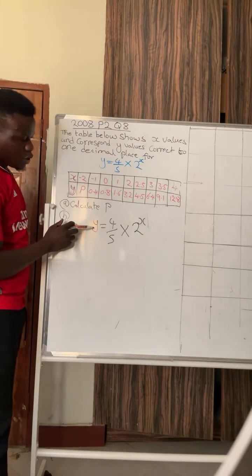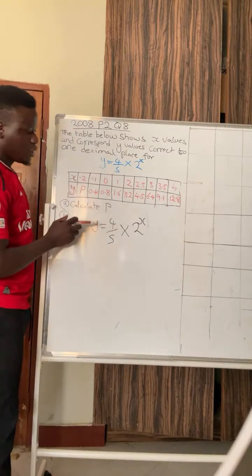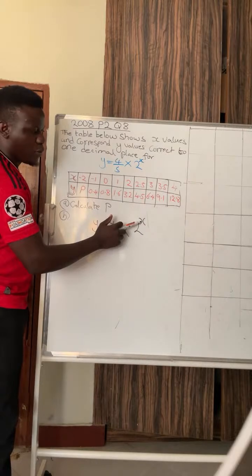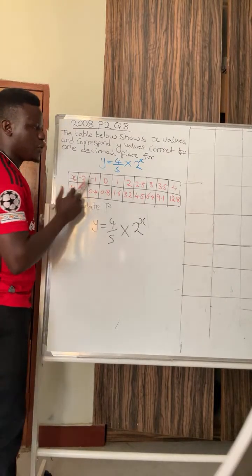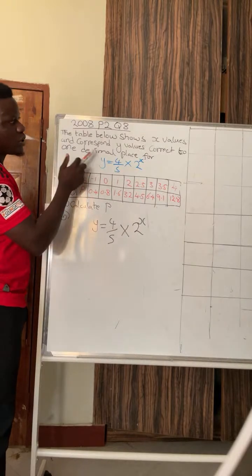So to find the values of y, each x value goes with its corresponding y value. No wonder they said corresponding values.